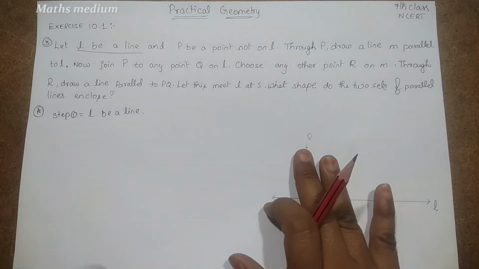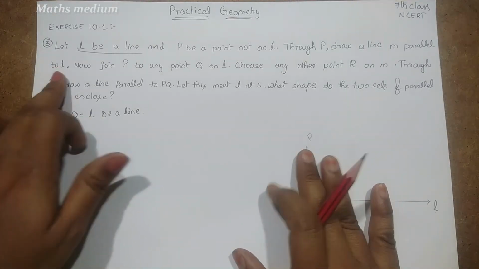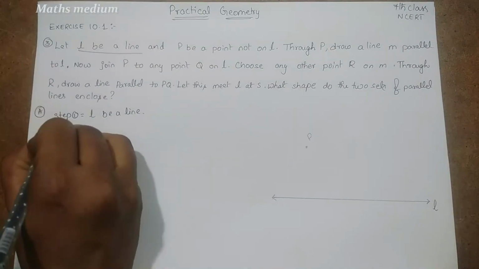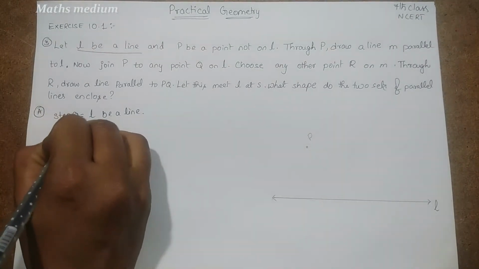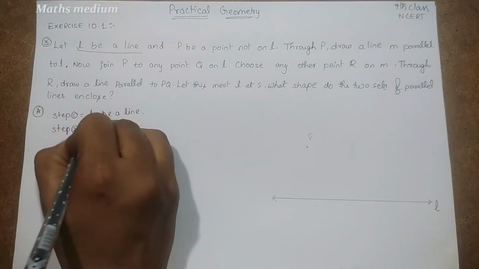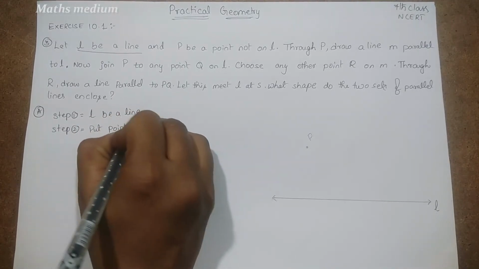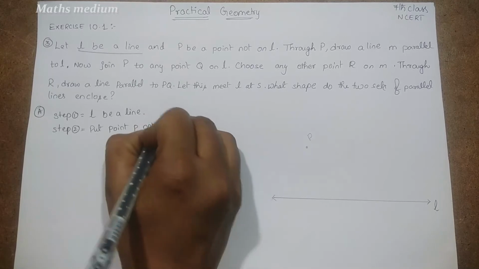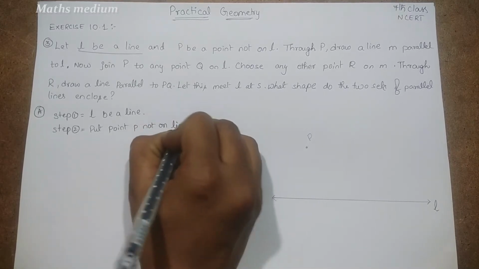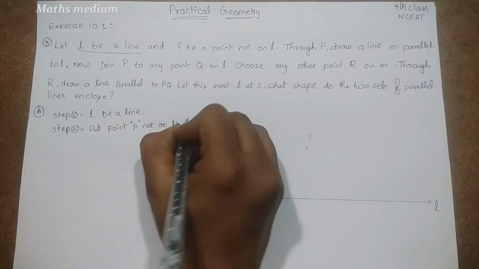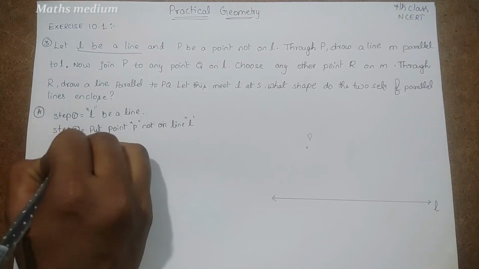We have to draw the line parallel to L. So skip that step and next, step 2 is: put point P not on line L. Step 3 is here.